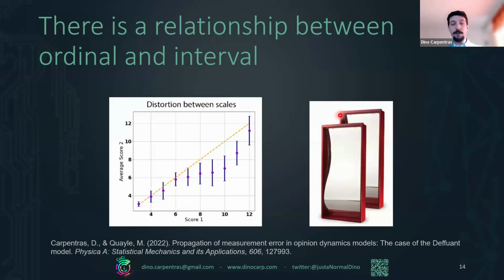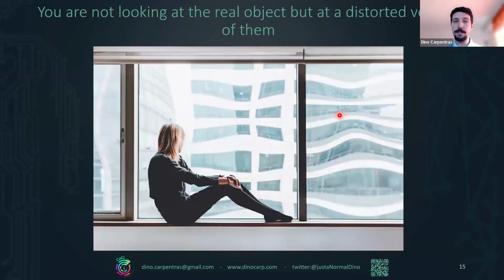What is interesting about these mirrors is that they destroy proportions, but they preserve ordinality, because your head is always going to be above your shoulders, which are going to be above your legs, for example. So what you can imagine is that when you make a measurement and you want to measure, for example, happiness or opinions, you do not get the right values of opinions, but you get a distorted version of this. It's almost like you are looking at them through one of these distorted mirrors.